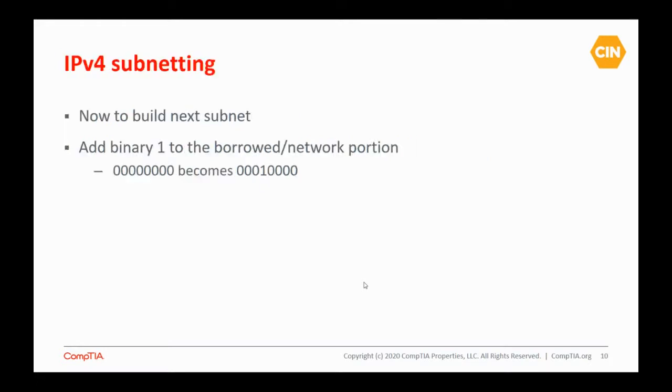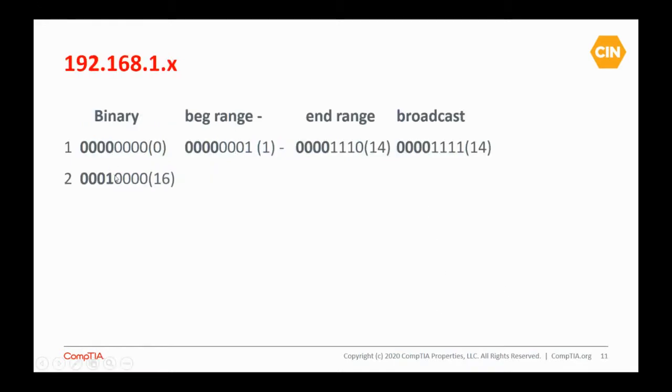So now to build the next subnet, we'll add a binary 1 to the borrow portion, that's the network portion. Since we're borrowing 4 bits, we'll add 1 to the first 4 bits. So that becomes 0001, and it's all zeros in the host portion. So we end up with 0001, followed by 4 zeros, and that converts to a decimal 16.